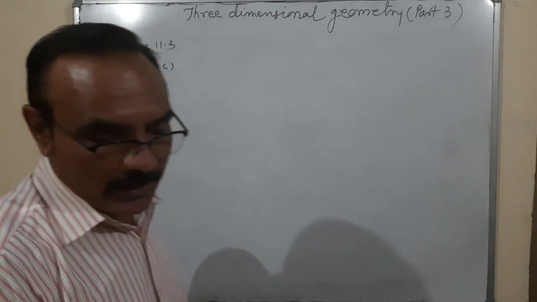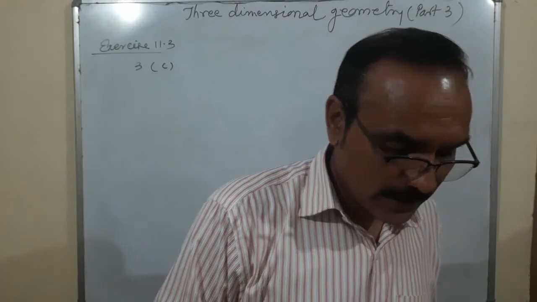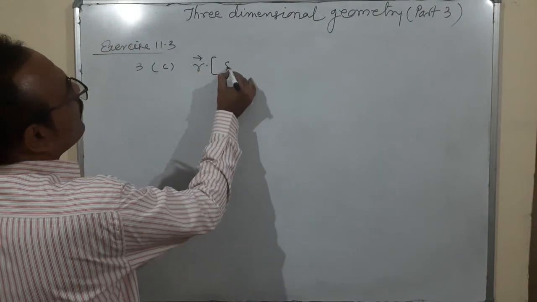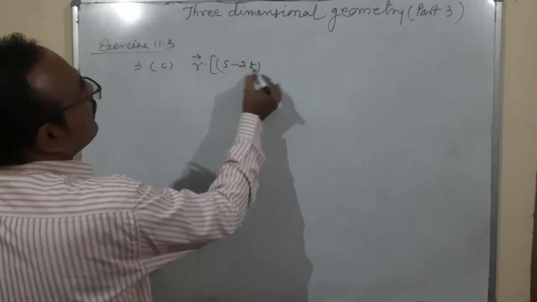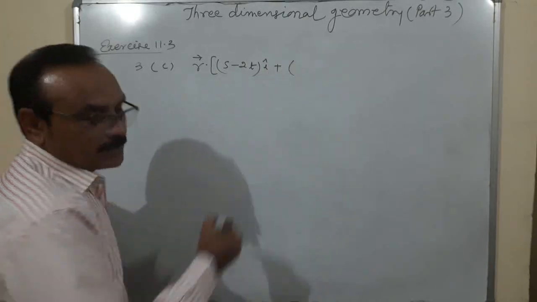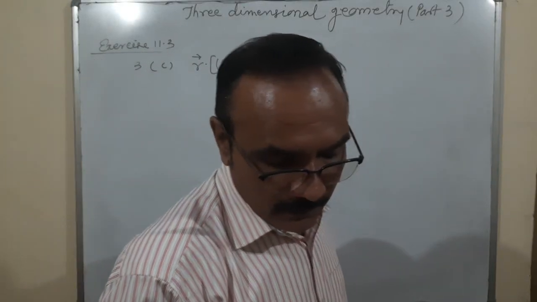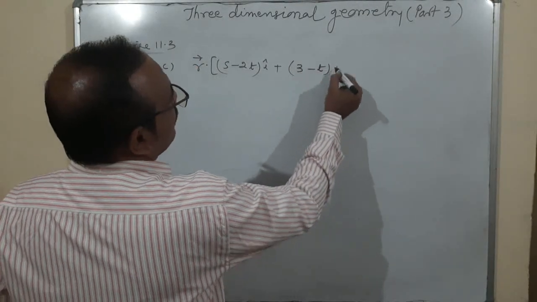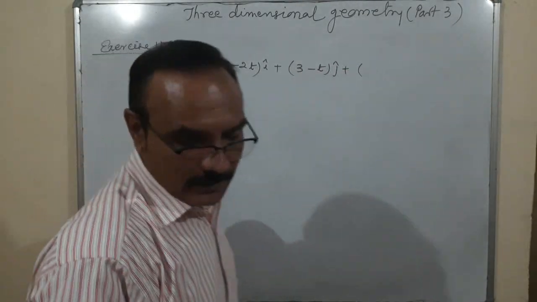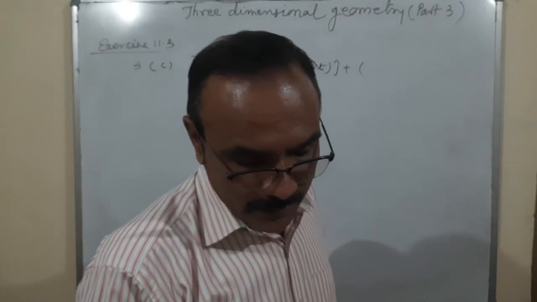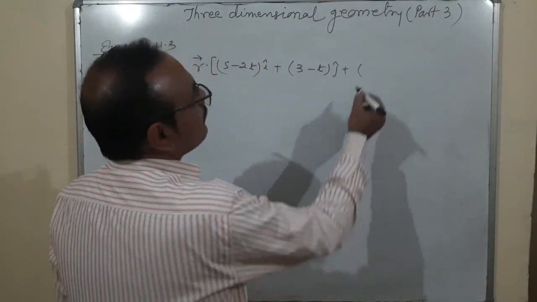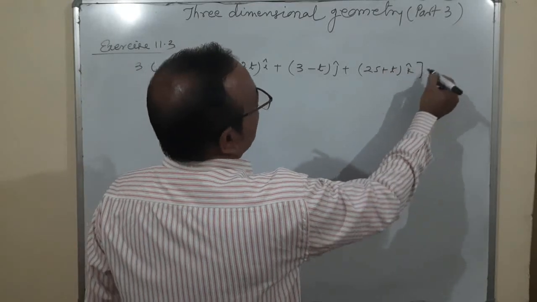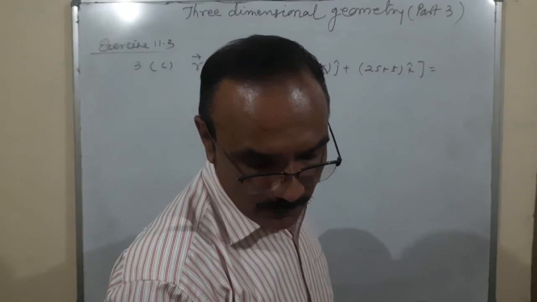Third question C part: vector r dot (s minus 2t)i plus (3 minus t)j plus (2s plus t)k is equal to 15.